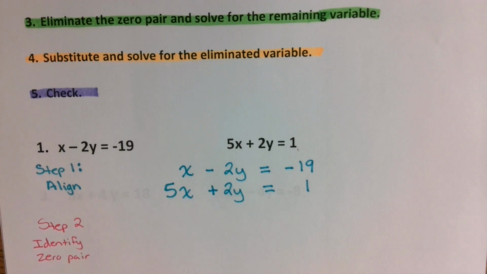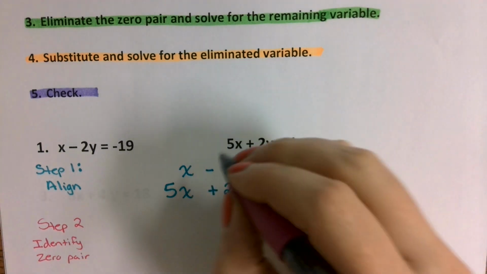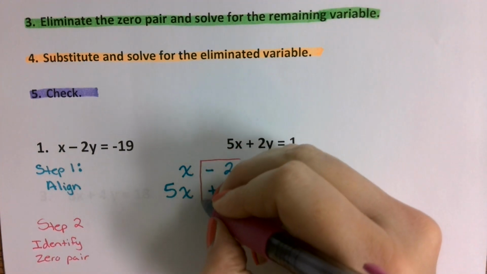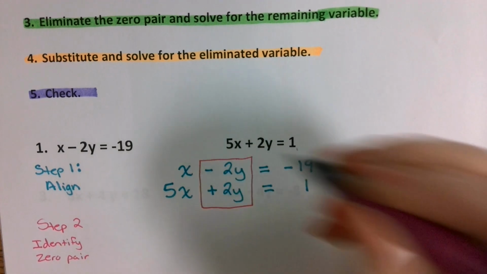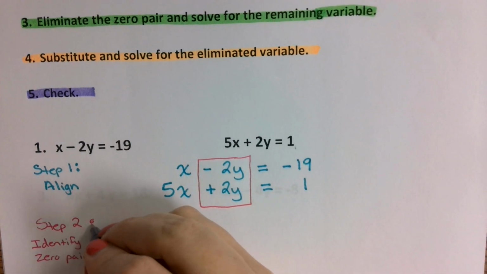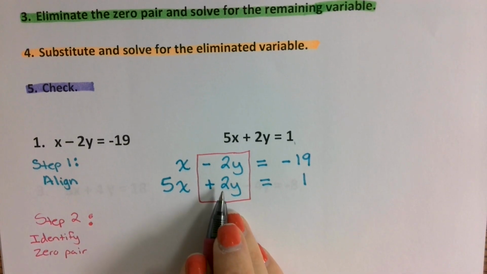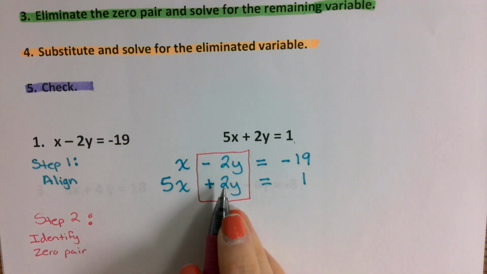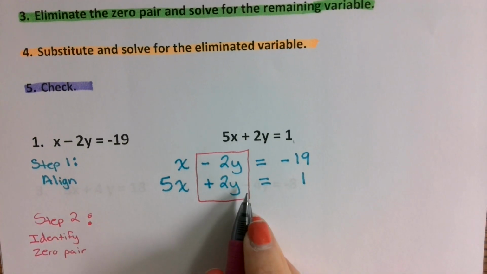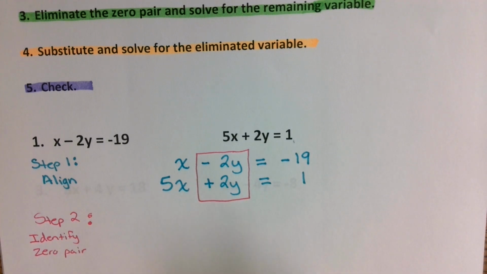Which variable has the same base number but opposite signs? The y's, right? So right here, I'm going to identify their positive and their negative. I'm going to put a box around it. That is going to be my zero pair. My negative 2y and my positive 2y. Those are going to create my zero pairs.